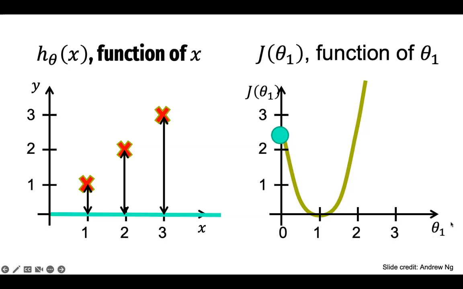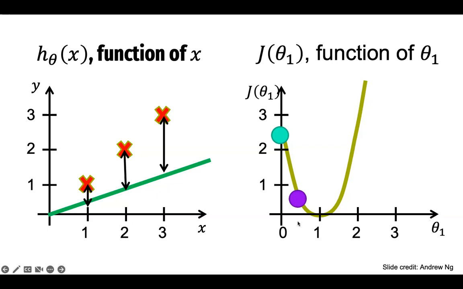Okay, so as you can see, at first we have this regression line which lies on the x-axis, and we still have a high cost given that theta 1 is at 0. And as the line gets closer to the points, the cost also decreases, in response to the change in theta.